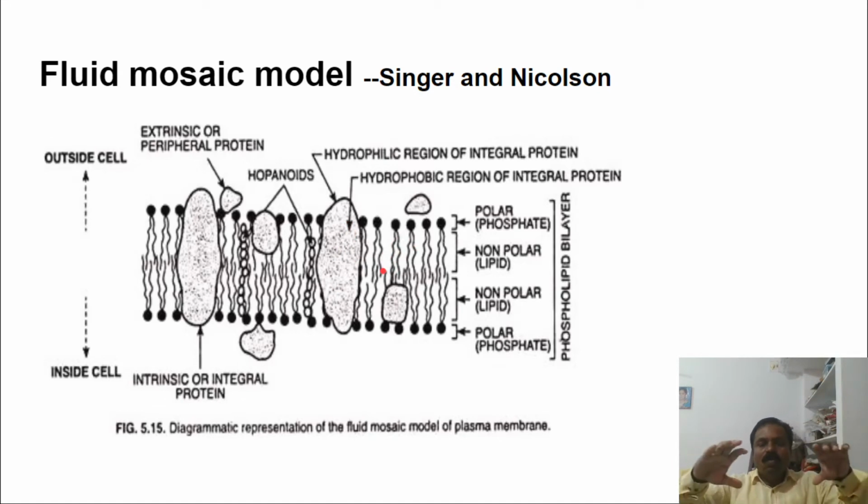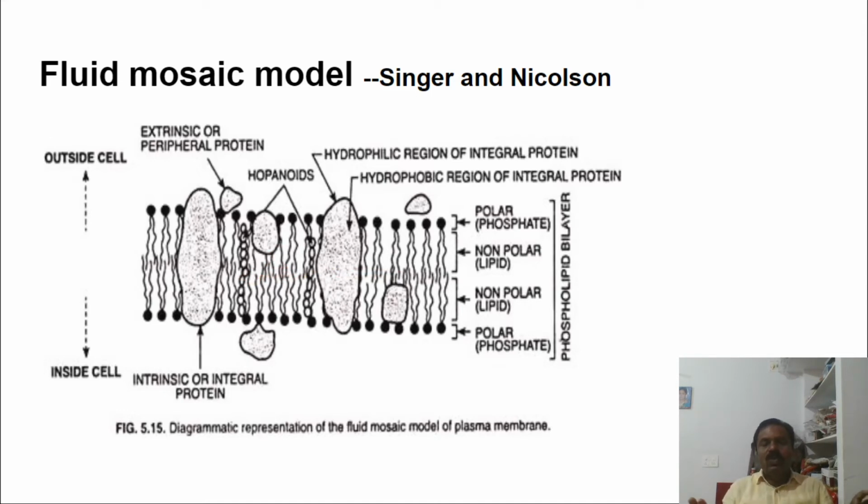When we see this plasma membrane with these proteins, some are floating on the phospholipid region, and some are embedded in it. It gives a mosaic appearance, and since the phospholipid region is semi-fluid, it is called the fluid mosaic model.